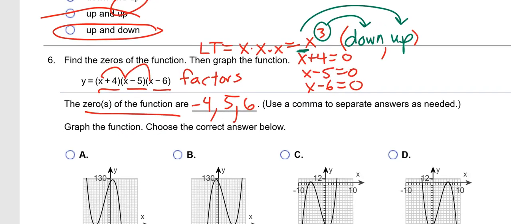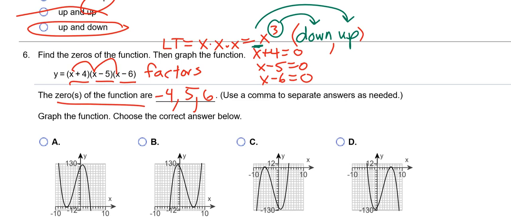I need you to make a selection A, B, C, D based upon the correct end behavior and the correct zeros. Correct end behavior, correct zeros. Which two have the wrong end behavior?